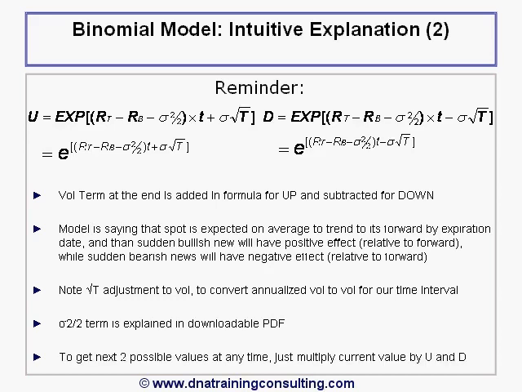Finally, we use these terms U and D for up and down quite simply by multiplying the spot level at any moment by the values of U and D to obtain the next two possible values allowed under the model.